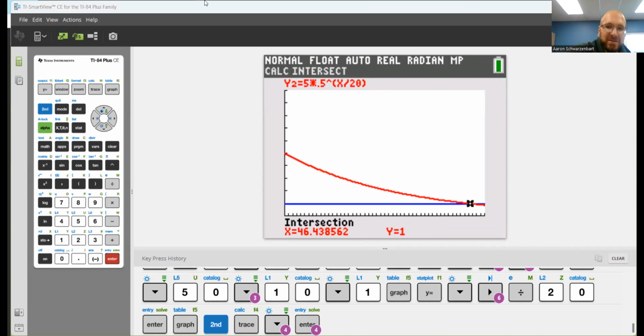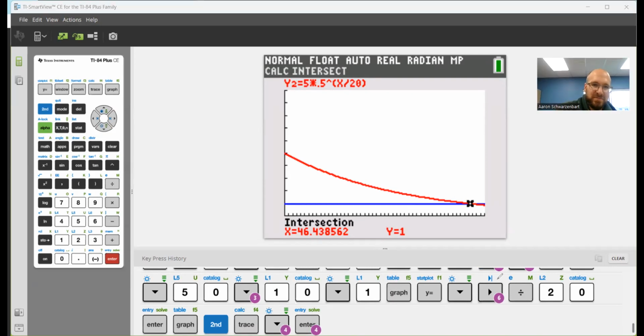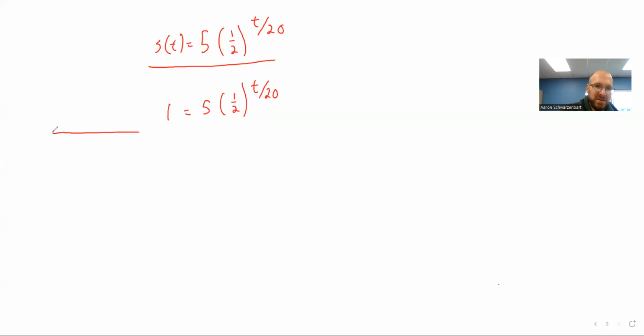We can do another example. And we're going to talk about atmosphere. That was example 4. Atmospheric pressure, also an exponential function. Find the altitude above sea level when the atmospheric pressure is 4 pounds per square inch.